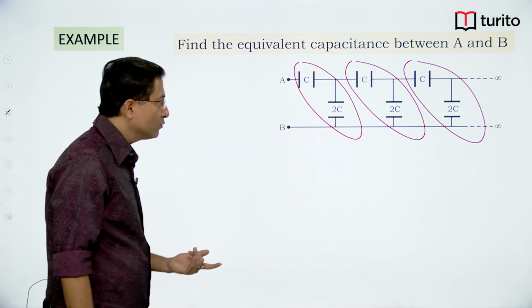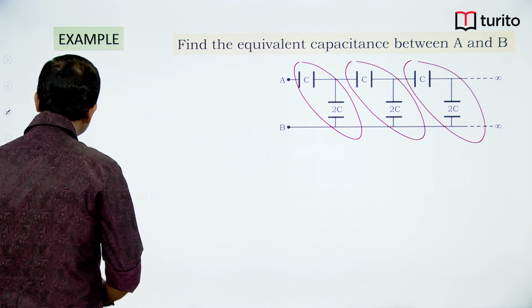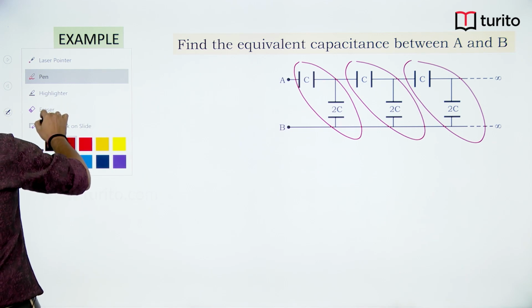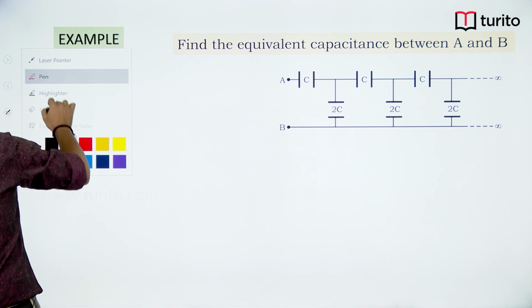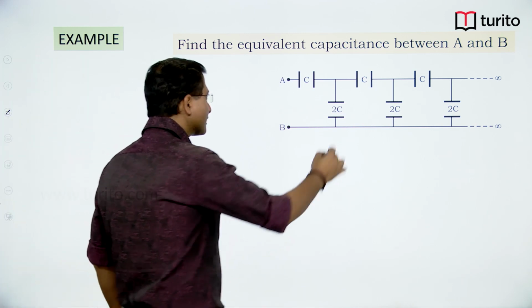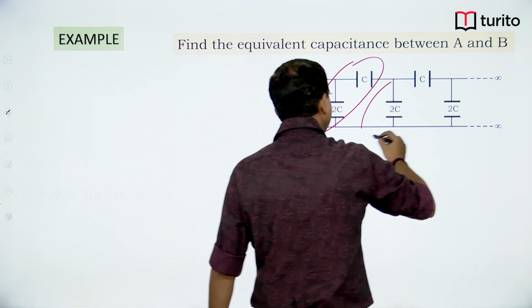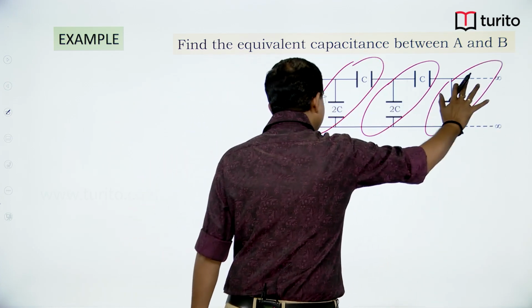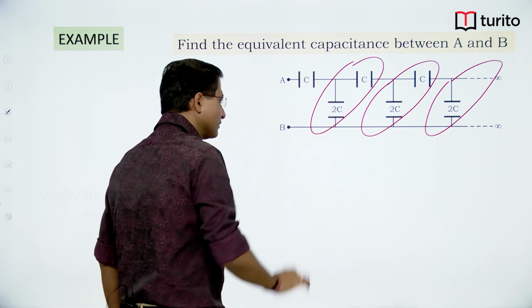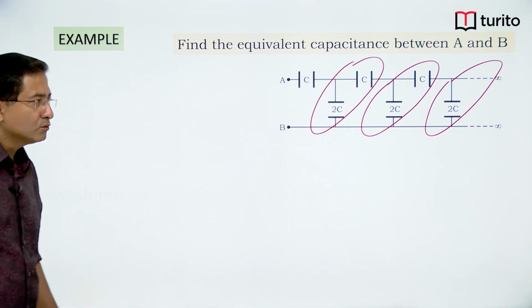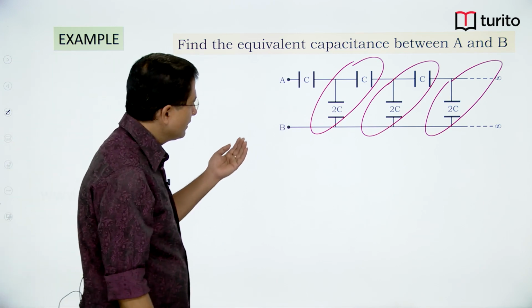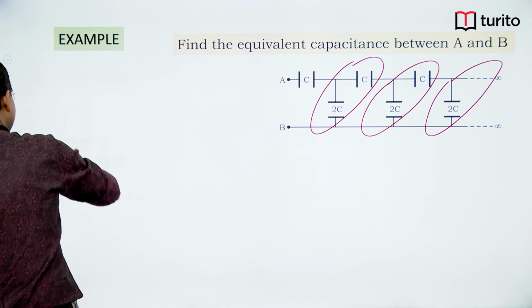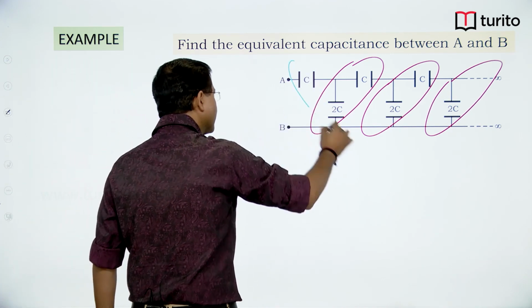It depends on you how you want to see the circuit, because you can also see the circuit this way. You can also see the circuit this way. These are the units and they are connected, and in the last after all the units connected we have an additional capacitor C.